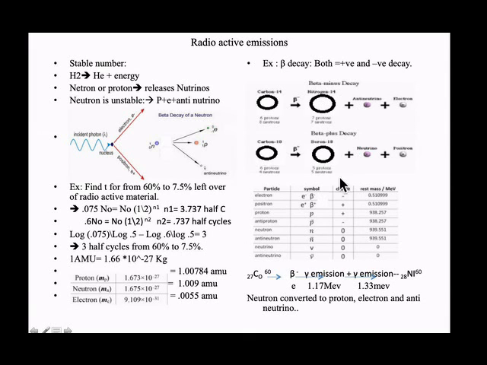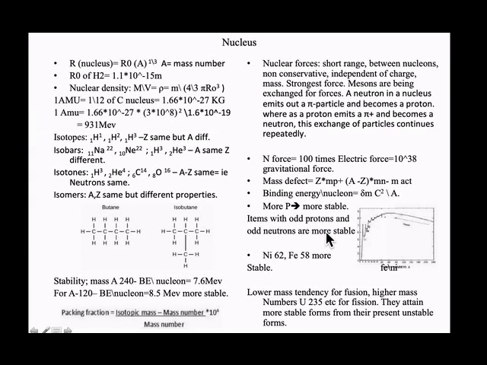So we go to this extent to distinguish between proton, AMU, neutron and electron. So 931 million electron volts is 1 AMU, the atomic mass unit. This is a standard unit.